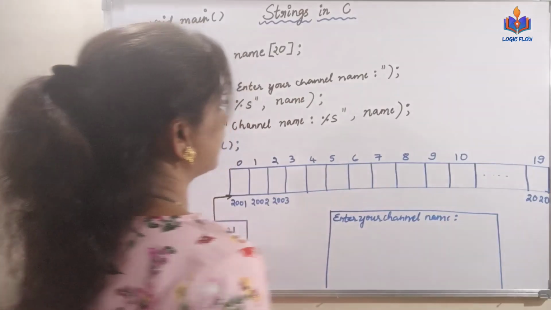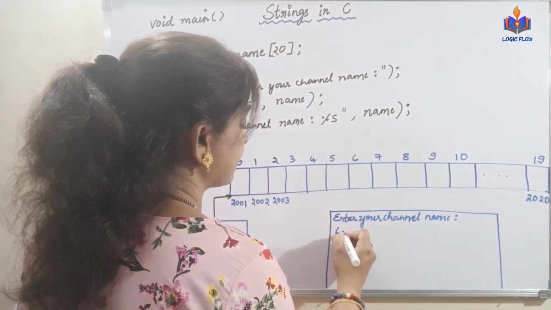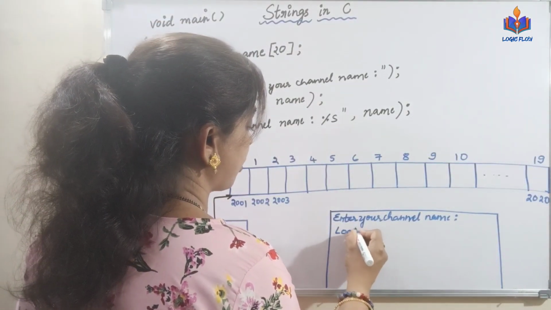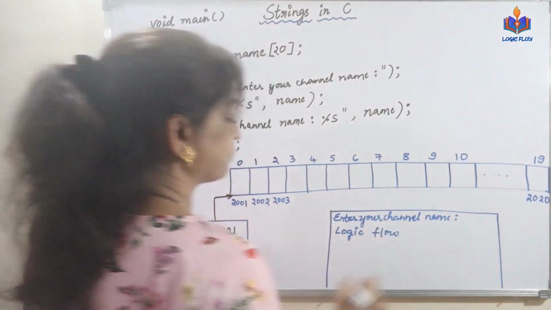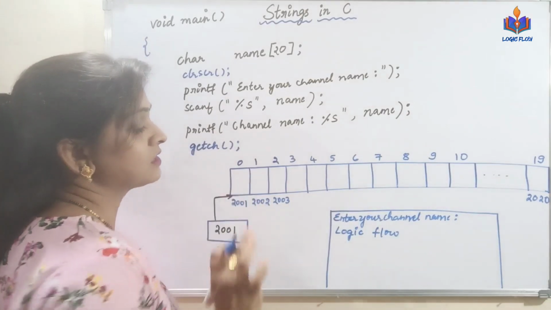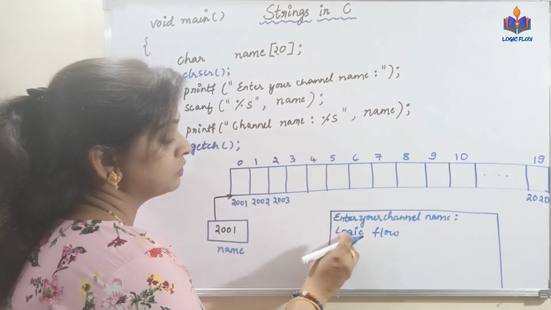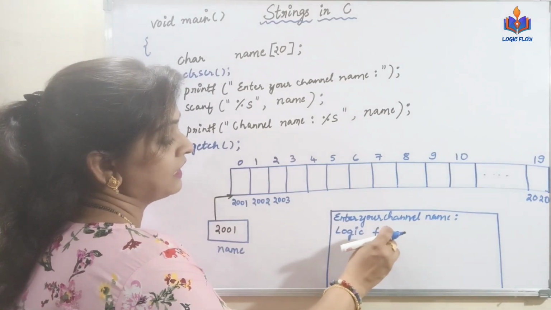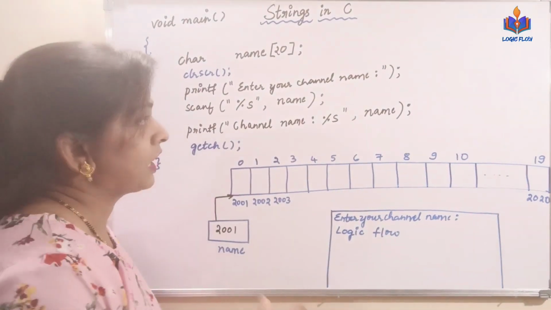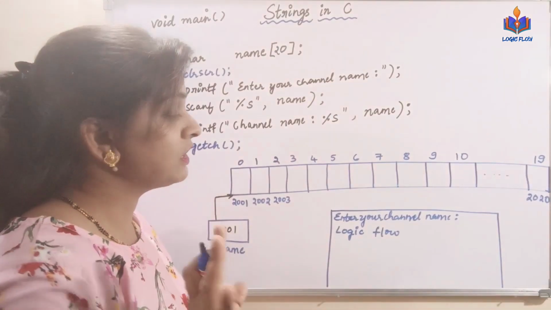Then I'll just enter, say, logic flow. So totally how many characters have I entered? 1, 2, 3, 4, 5 and a space 6, 7, 8, 9, 10. 10 characters. I can store up to 20 also, but I have given 10.